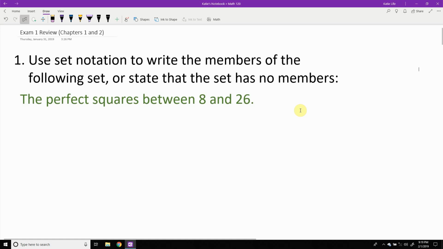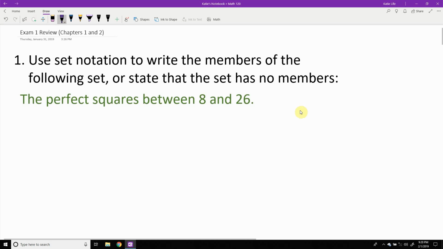Number 1, use set notation to write the members of the following set, or state that the set has no members. The perfect squares between 8 and 26. So if we're looking for squared values, let's first figure out what those values might be.